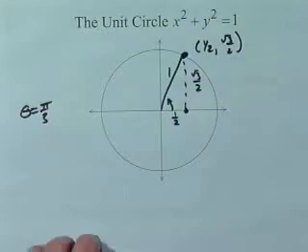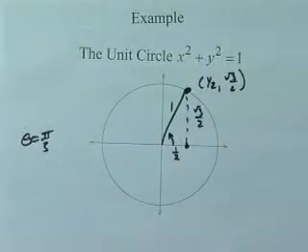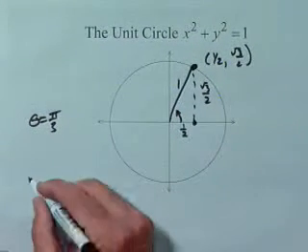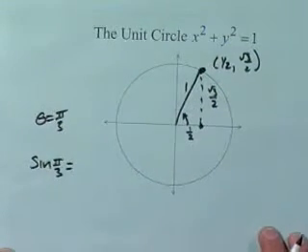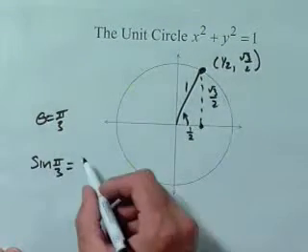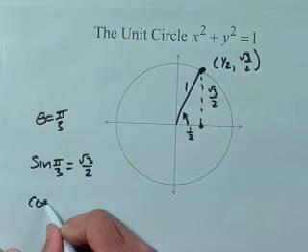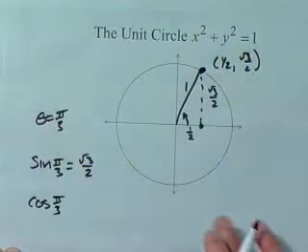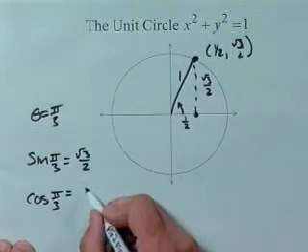Now let's figure out what the corresponding trigonometric ratios are. No problem. Sine of pi thirds, remember, is y. Cosine of pi thirds, by our definition, was x.